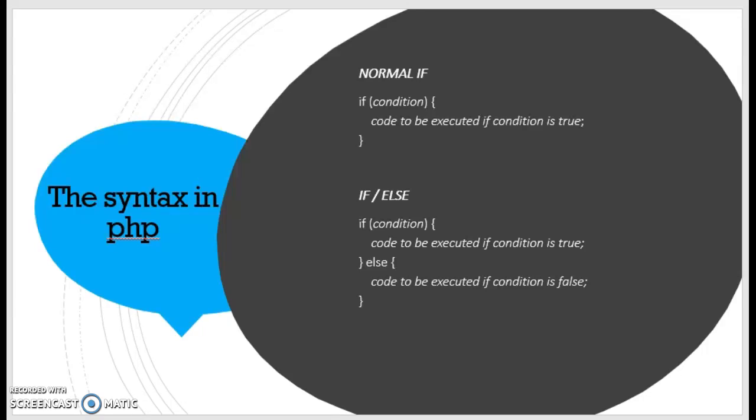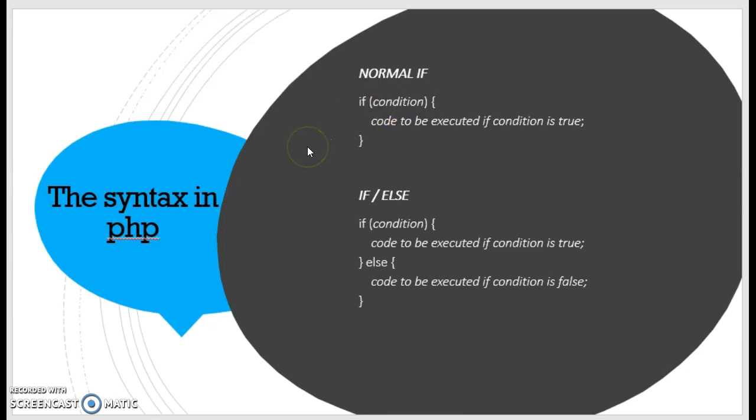As you can see, we start the normal if statement with the if keyword, and then we have parentheses, and inside those parentheses we have a condition that has to be a Boolean expression. So it has to be equal to true or to false. Then we have curly brackets, and inside those curly brackets we have a block of code that's going to be executed if the condition is true.